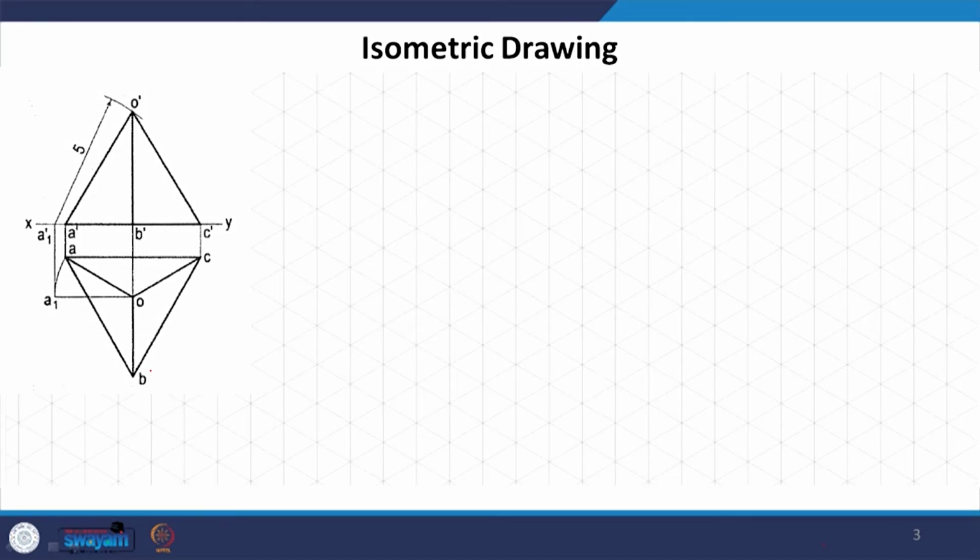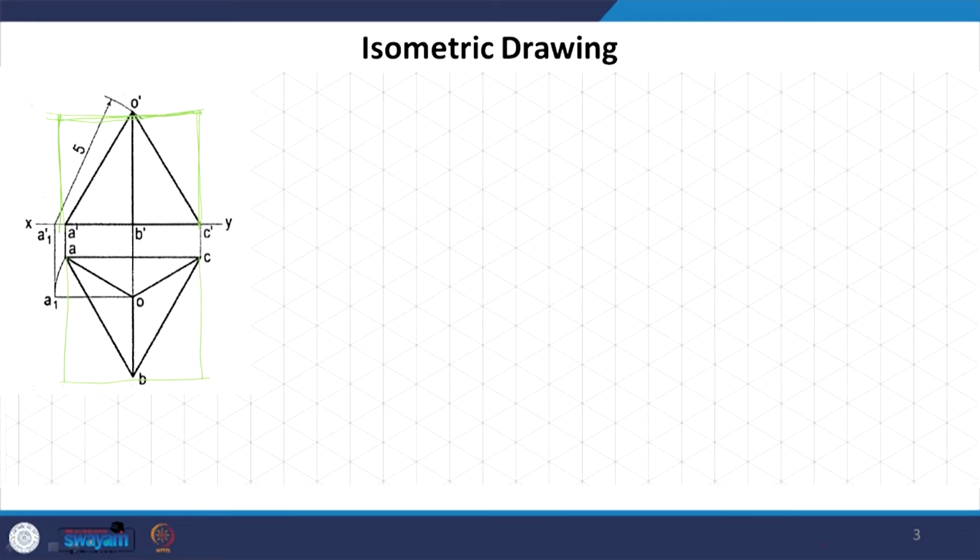Now, one way is, I will change the ink color so that we know that these are just the reference rectangles. One way is to make the reference rectangles, and this is the most common way. So, what I will do is, in the elevation we draw a rectangle.